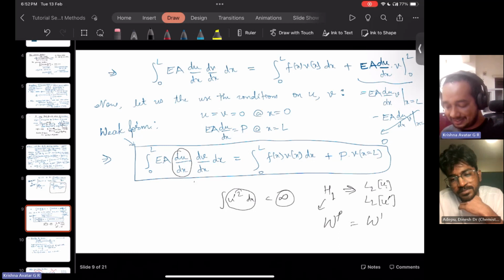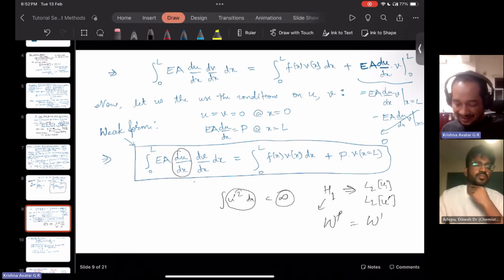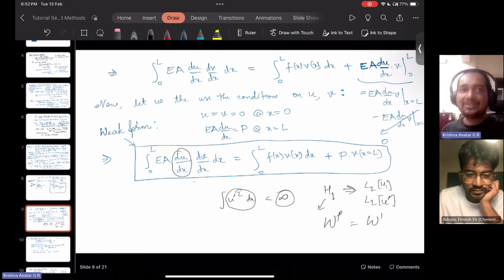That's a better word actually, but this has traditionally been called the Hilbert space. Ideally, it is nothing but a Sobolev space of first order. So that's the thing here, and that's the reason we choose the solutions and the variations to be first order continuous.